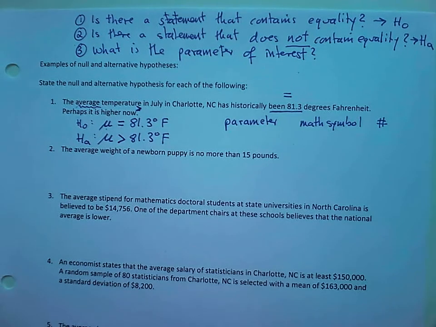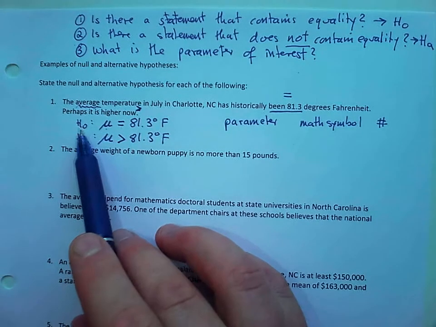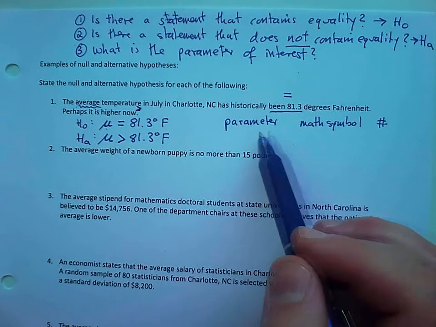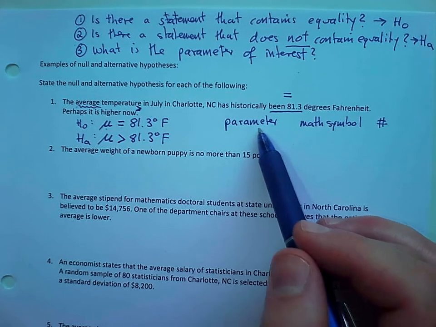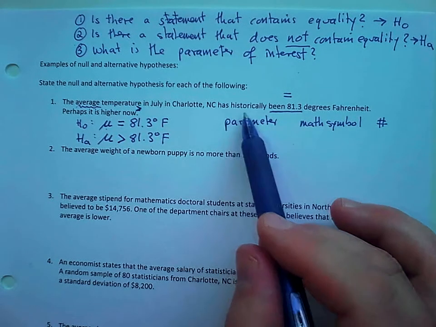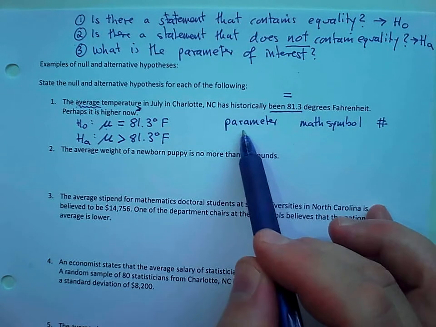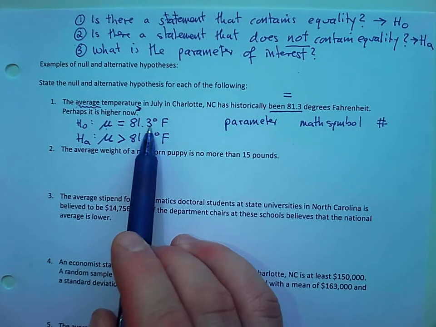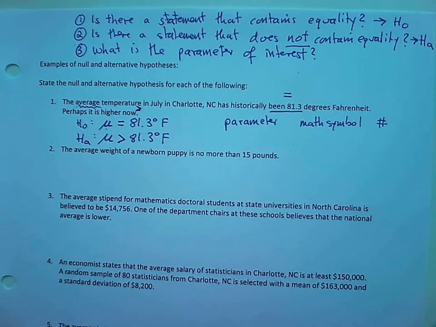We still have to go through and test these to see whether or not we're going to reject or not reject the null hypothesis. There are some easy shortcuts that I've come up with, but the shortcuts only work if we've written our null and alternative hypotheses in this format: parameter, math symbol, and then some number.